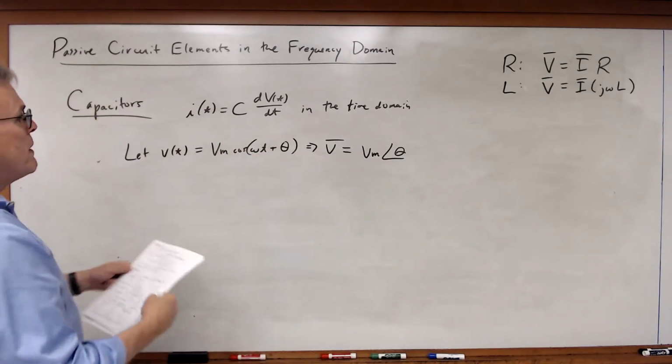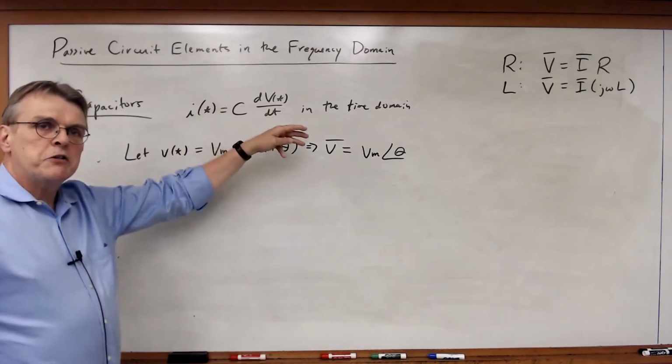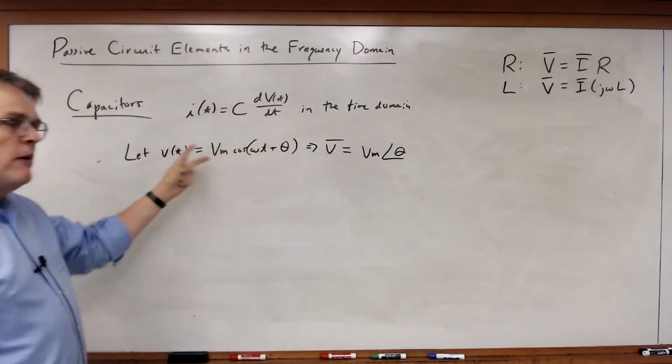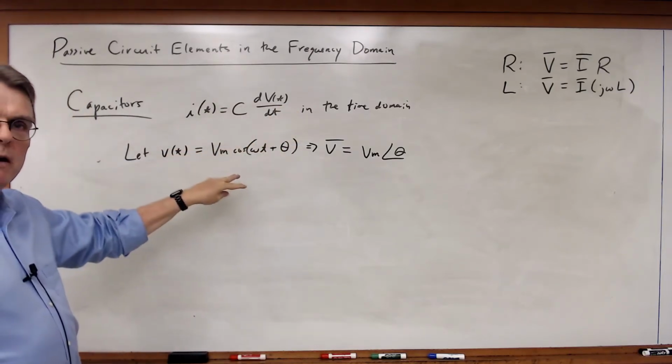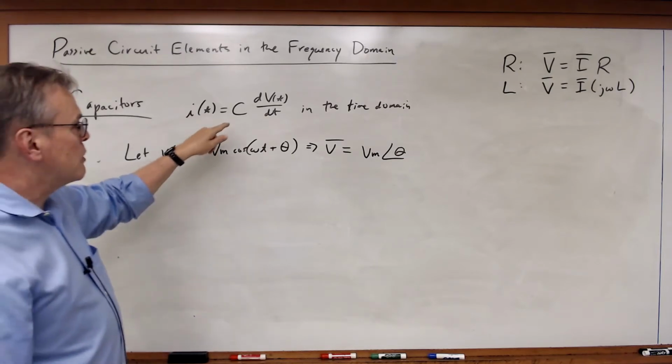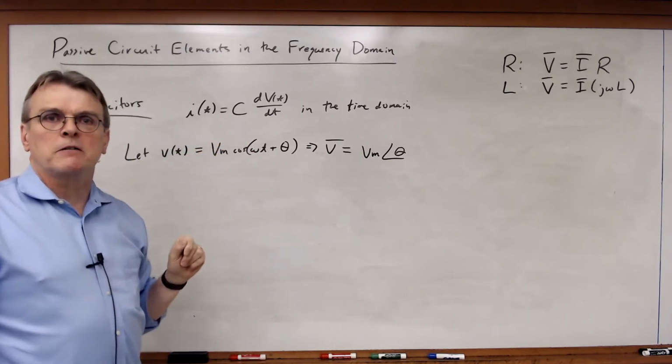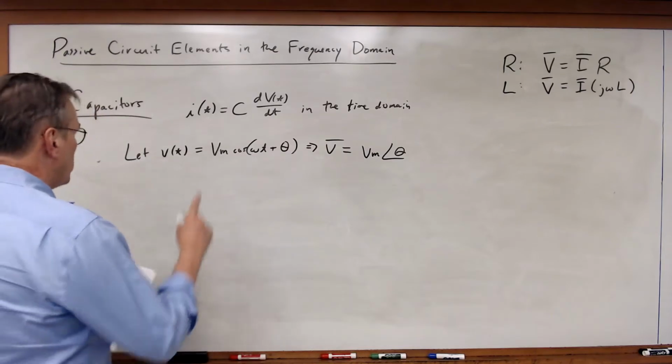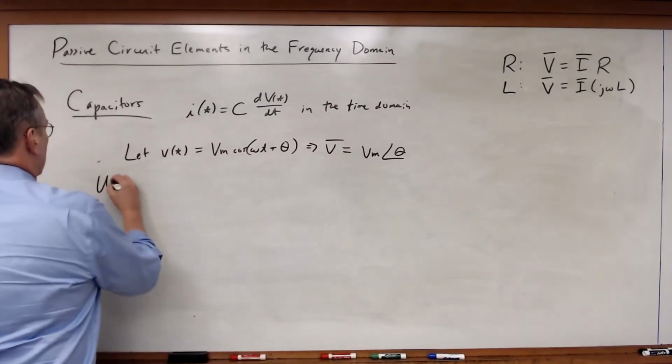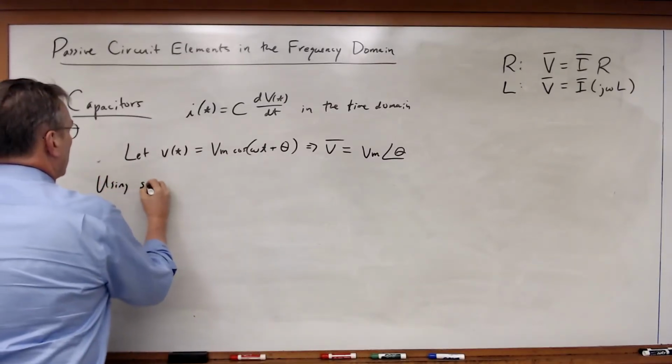Now, from this point, we can use exactly the same derivation we did for the inductor, except we're flipping voltage and current around, and we're writing this in terms of capacitance instead of inductance. But if we do that, we can show the following.